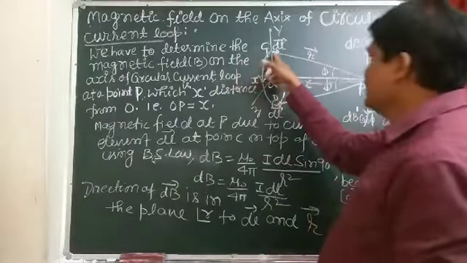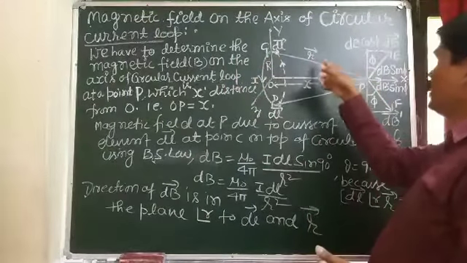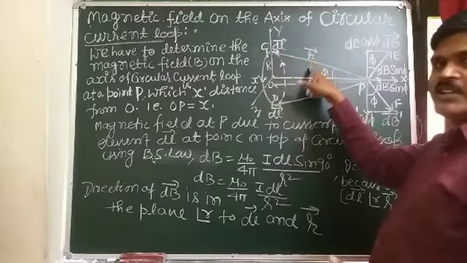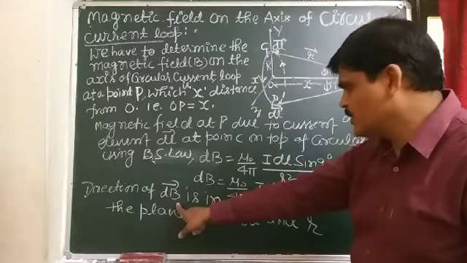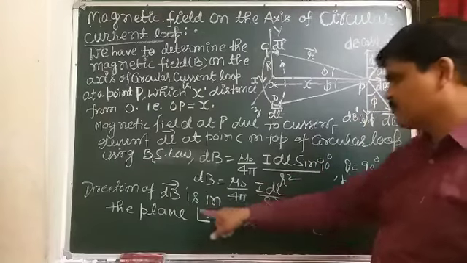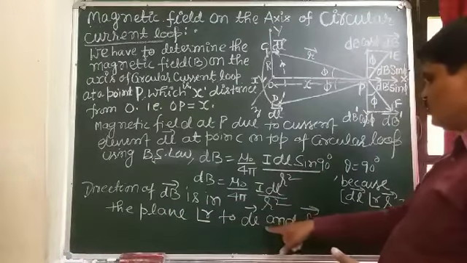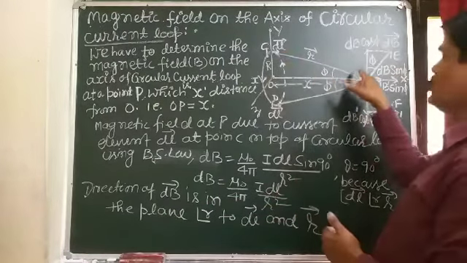In the same way, dl and r, one vector dl, another vector r. So the direction of magnetic field dB is in the plane perpendicular to the dl vector and r vector.